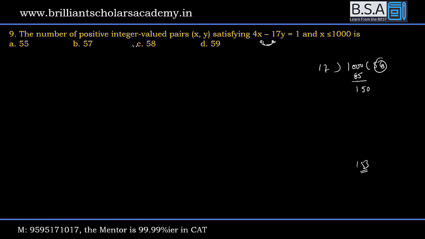There are 58 solutions. ये क्या कर रहे हो? What is this? ये फर्जीवाद है बेटा। Maybe the answer is 58, I do not know, but ये क्या कर रहे हो? Will it not matter कि x का एक्चुअल में पहला वैल्यू क्या है?